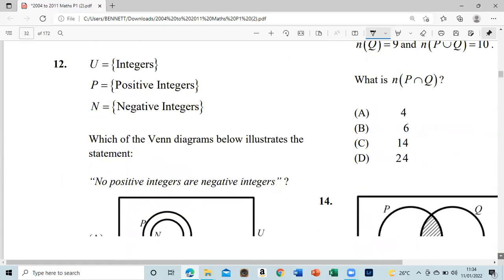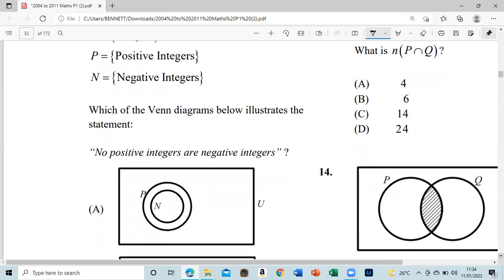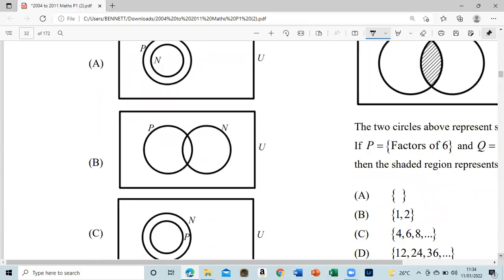Number 12 says, which of the Venn diagrams below illustrates the statement no positive integers are negative integers, right? It's not that one. That suggests that there is a number common. All this is saying, guys, is that P contains N. So all the elements that are in N would be in P. And this is saying the similar.